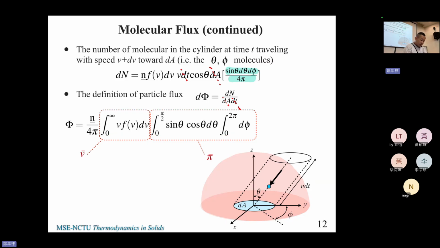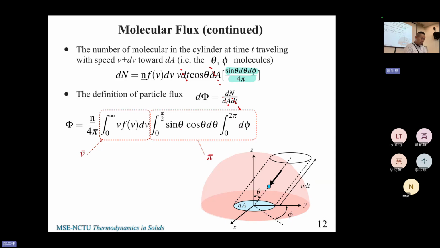When we use this, you see v f(v) dv, and cosine theta, sin theta, d theta, d phi. Okay, so everything here comes here, and then we do the integration, from 0 to infinity.